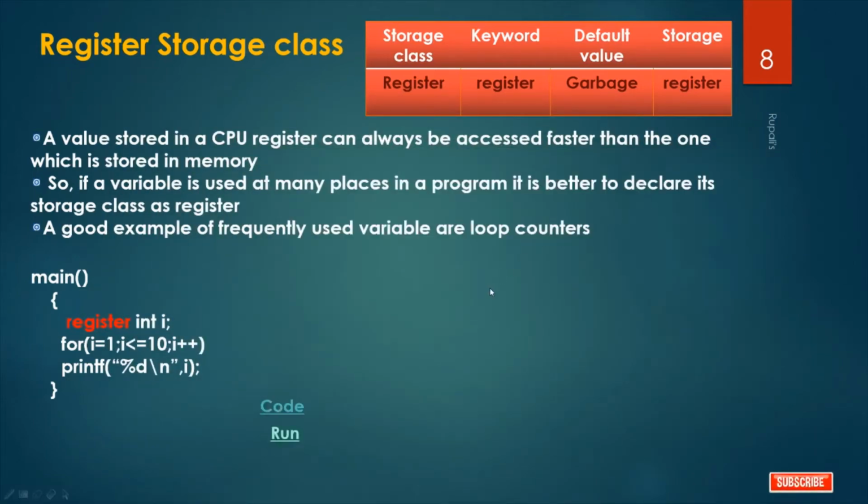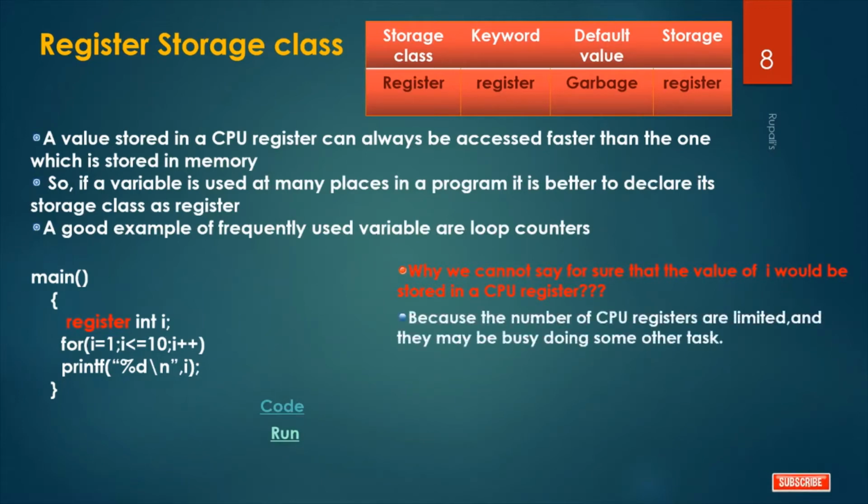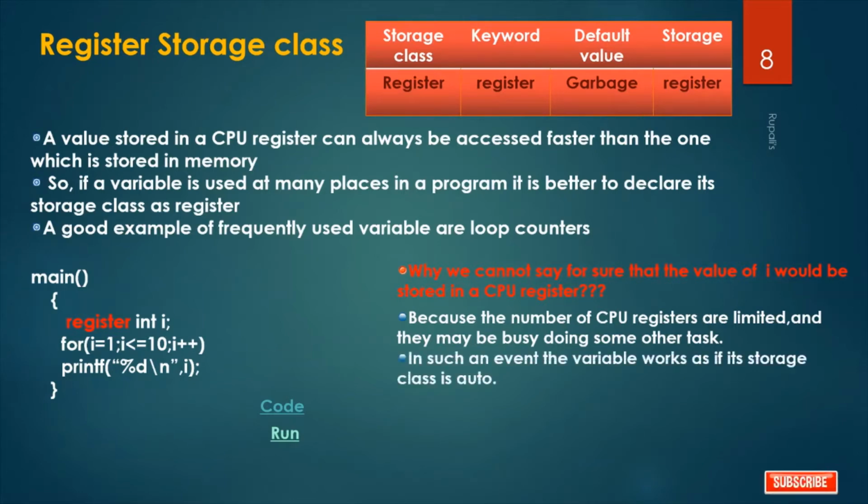But we cannot say for sure that the value of I would be stored in a CPU register. Why so? Because the number of CPU registers is limited and they may be busy doing some other task. In such an event, the variable works as if its storage is auto.